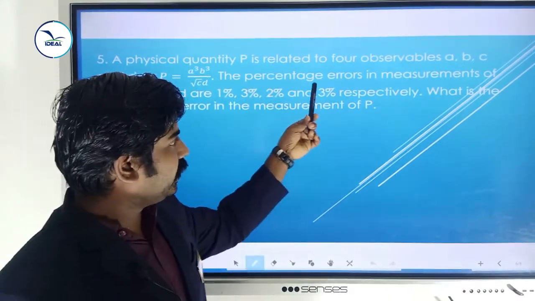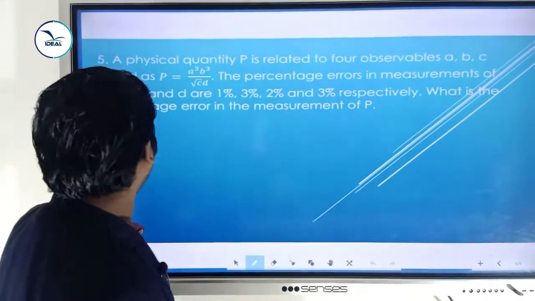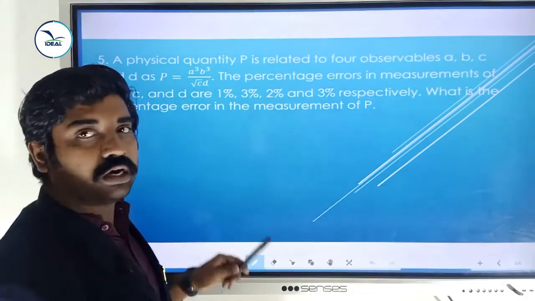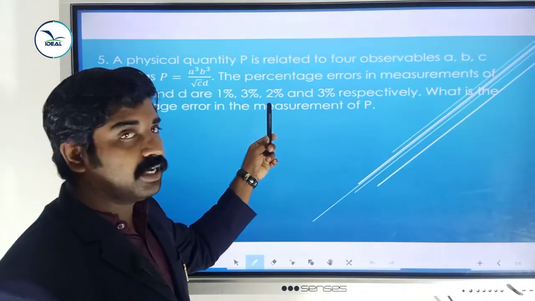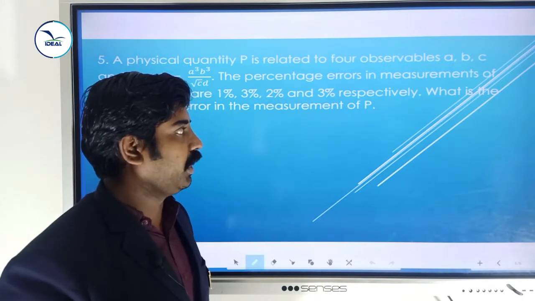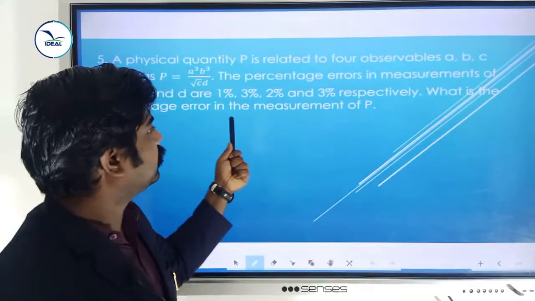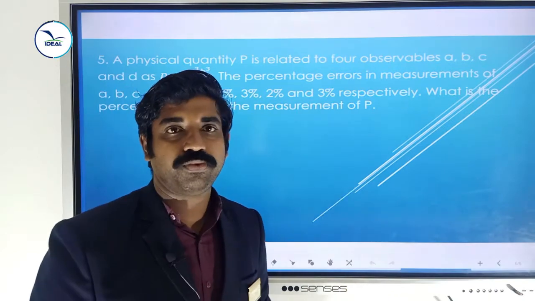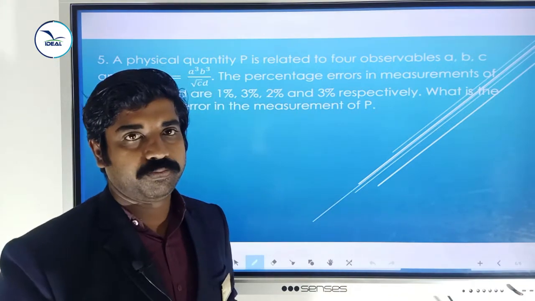Okay, and the percentage errors in the measurements of A, B, C and D are 1%, 3%, 2% and 3% respectively. What is the percentage error in the measurement of P?